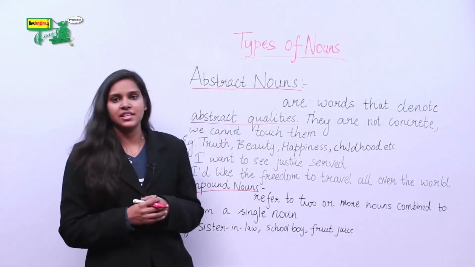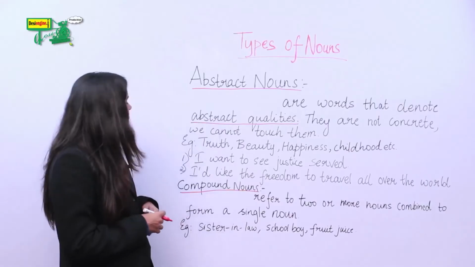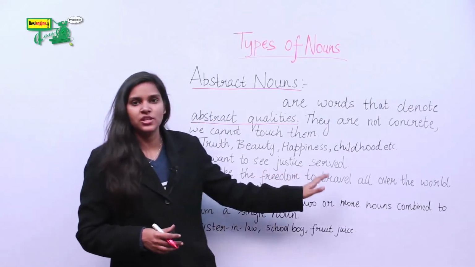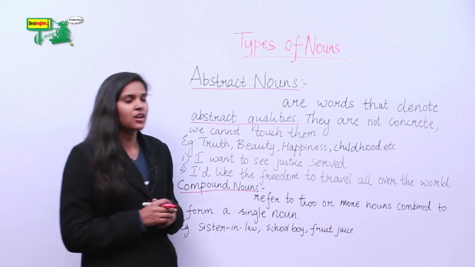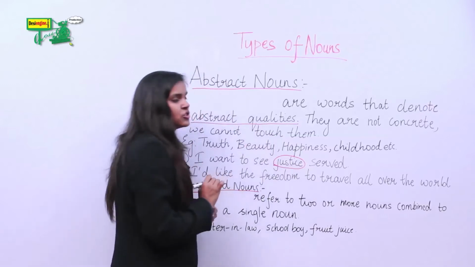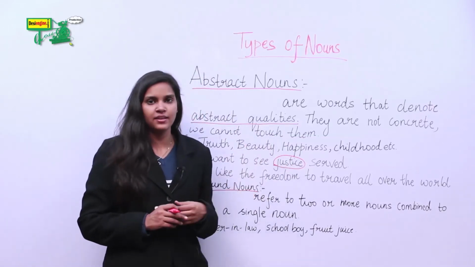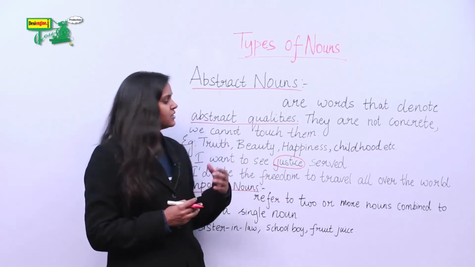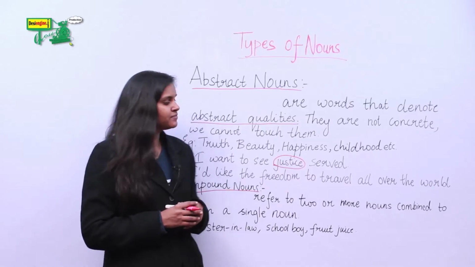Let's take a few sentences where we will try to find out the abstract nouns. I want to see justice served. In this sentence, our abstract noun is justice because this is not a concrete thing that we can hold. It is just an abstract quality.